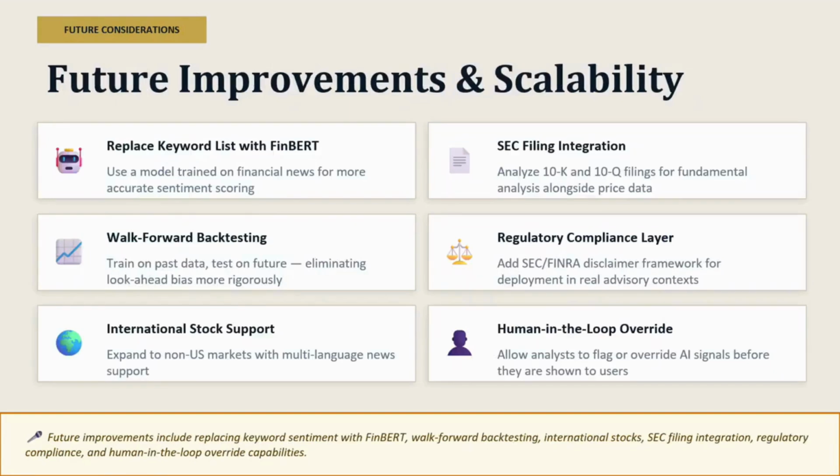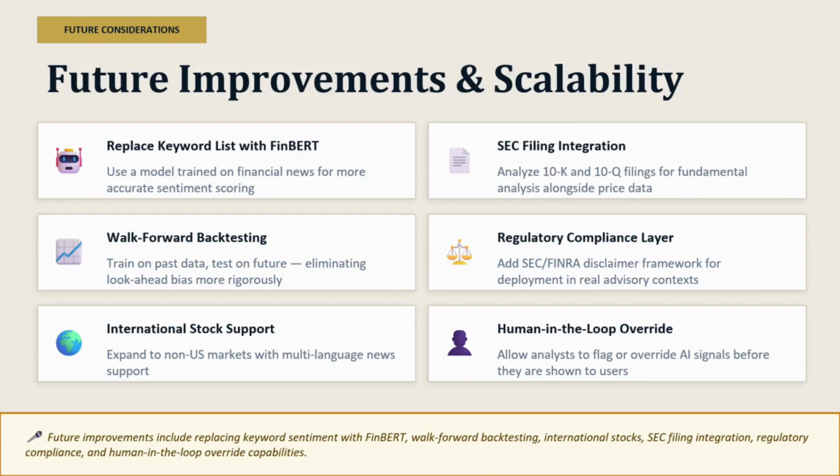Six directions for improvement. First, replace the keyword list with FinBERT, a model trained specifically on financial language. Second, use walk-forward backtesting to reduce look-ahead bias more effectively. Third, expand to international stocks with multi-language support.